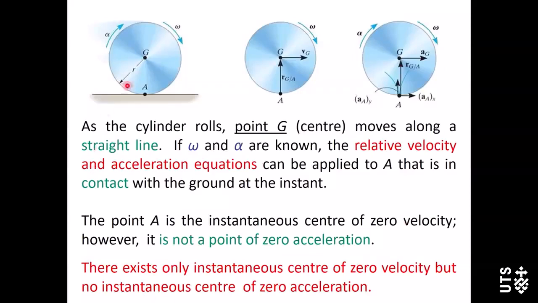The contact point A is on this rigid body, but it's the contact point between this rolling rigid body and the surface.